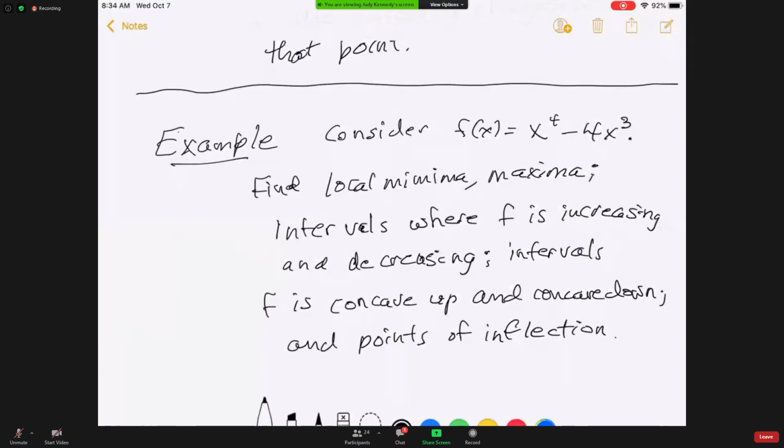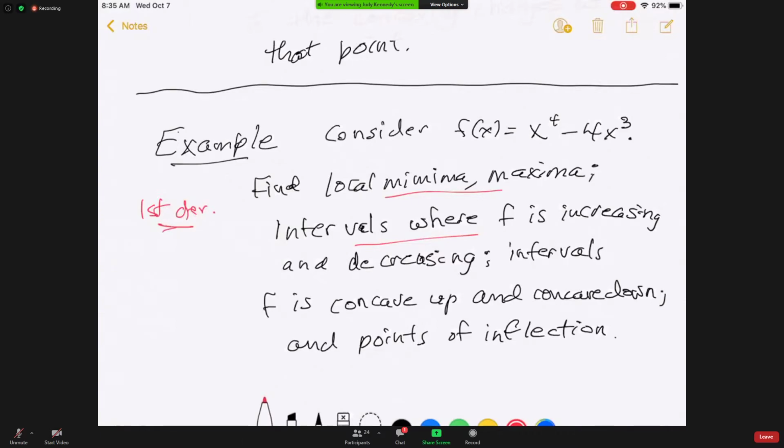We can use calculus to get a good idea of what the function is doing without plotting a whole lot of points. We find the high points, the low points, that's the local minima and maxima. We can find where it's going up, where it's going down. That's where the first derivative is positive or negative. So the first two things come from the first derivative.